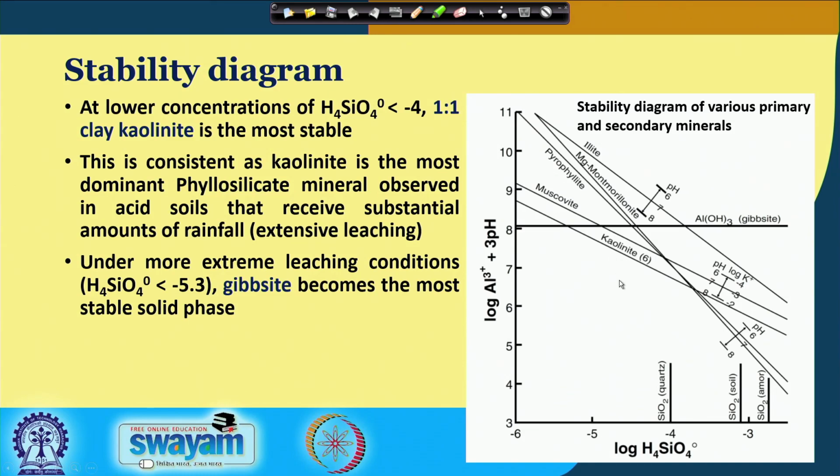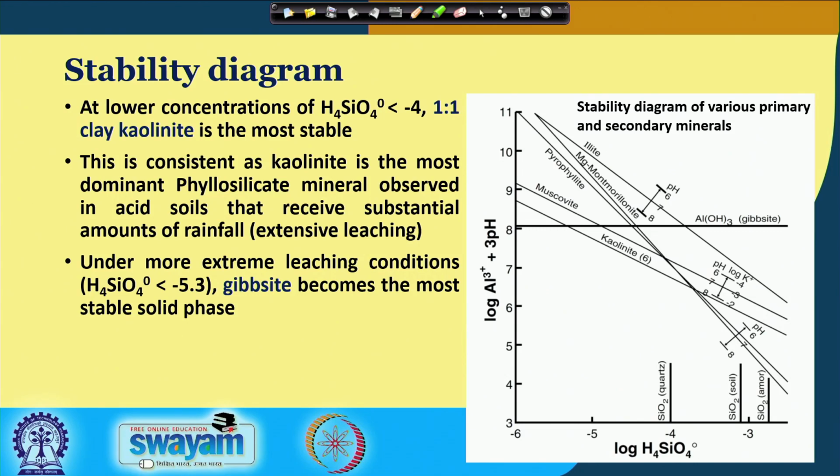One important observation is that this is consistent, as kaolinite is the most dominant phyllosilicate mineral observed in acid soil. That means the more acidic the soil, the more you will see the dominance of kaolinite. It is present in soils that receive a substantial amount of rainfall and go through extensive leaching.